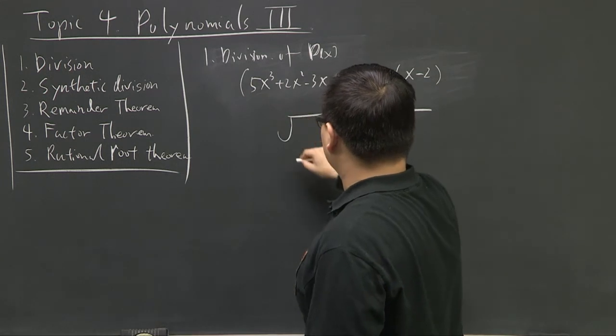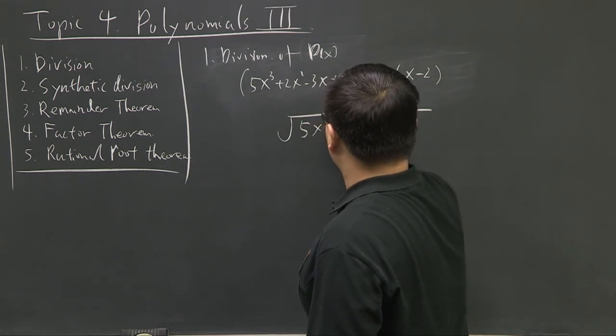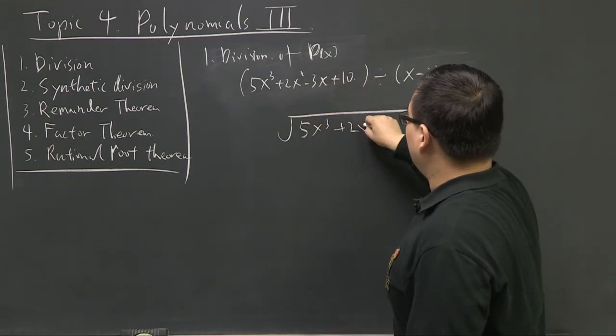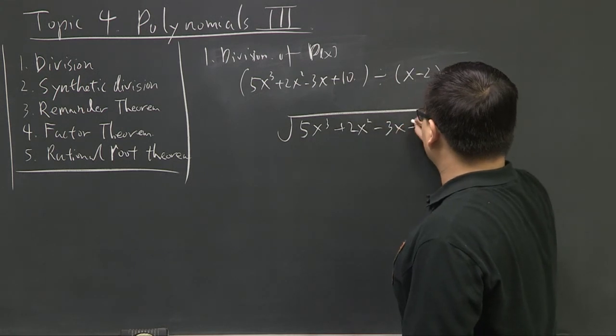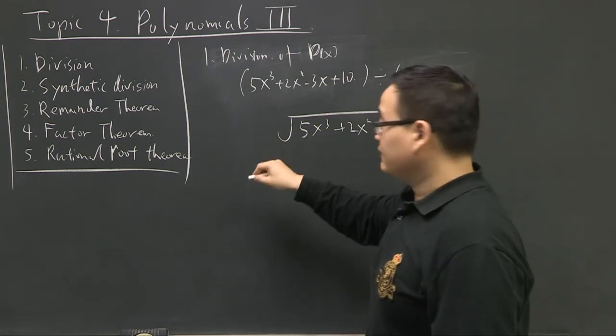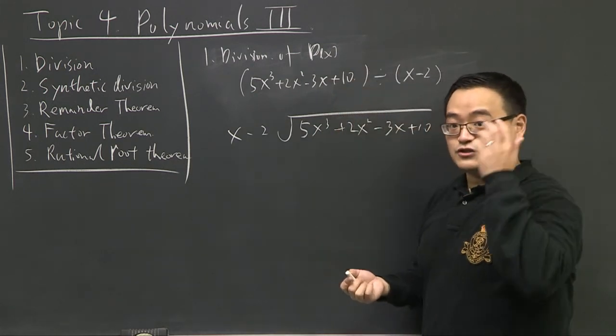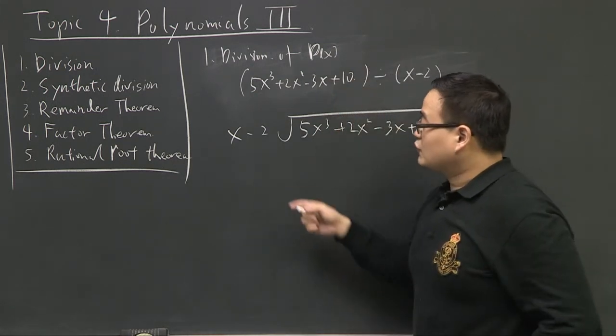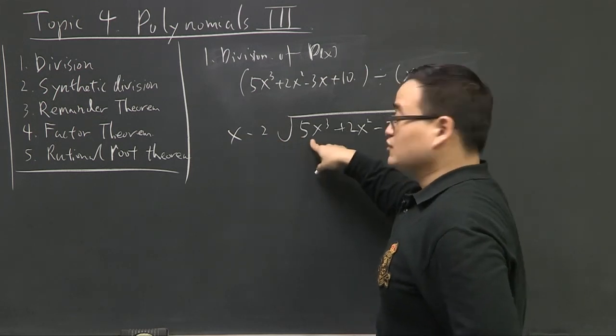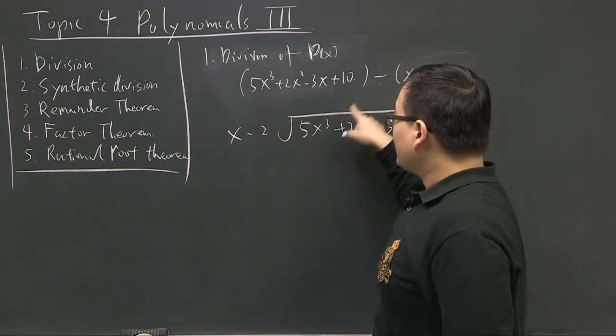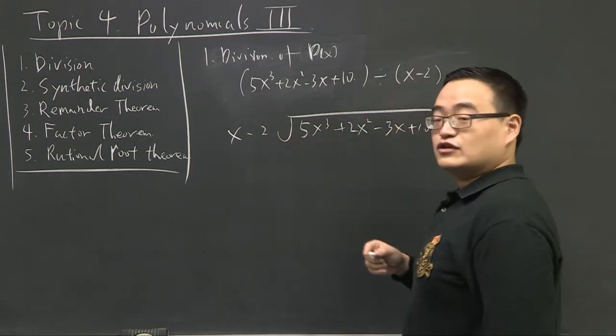You set up your division like this: 5x cubed plus 2x squared minus 3x plus 10, and then here you have x minus 2. That's how your usual division works. You try to come up with a term that will match the first term. So what do you have to multiply x by to get 5x cubed?